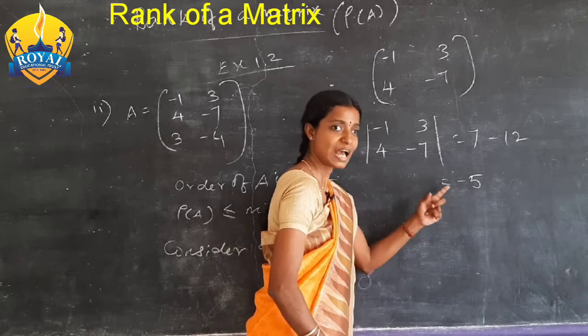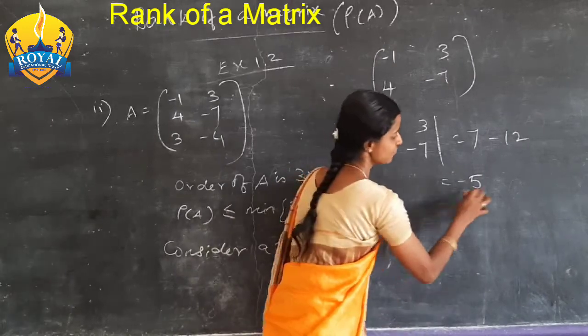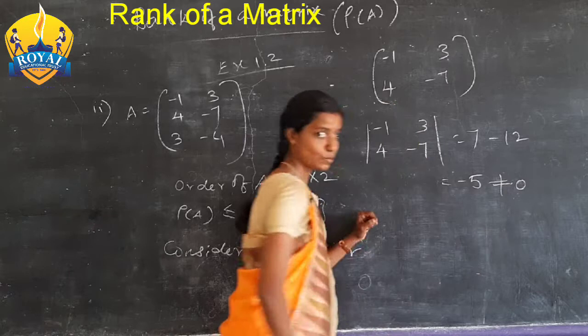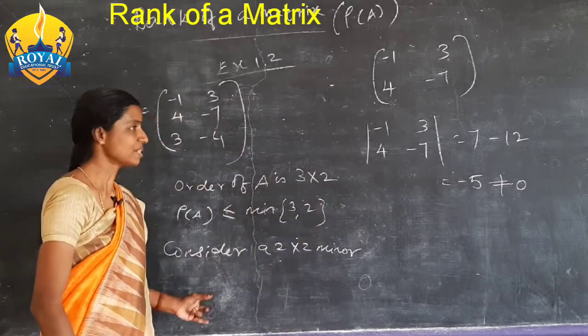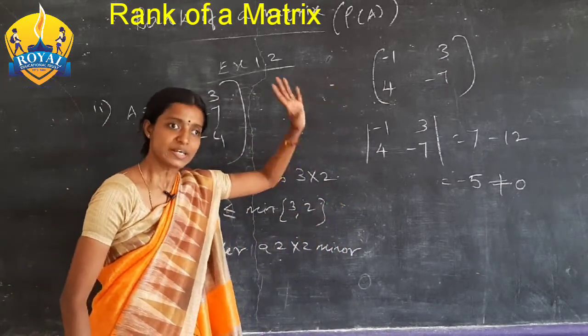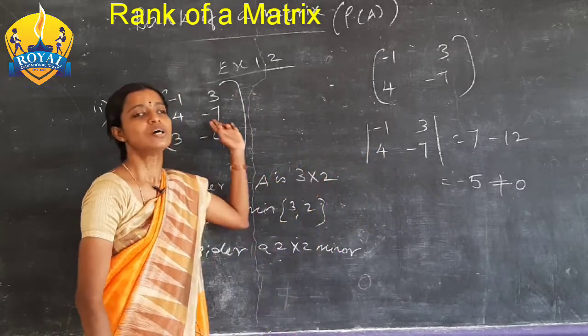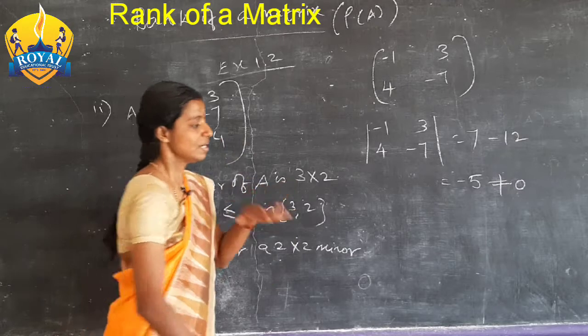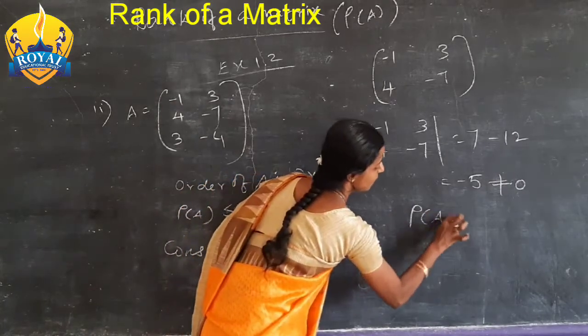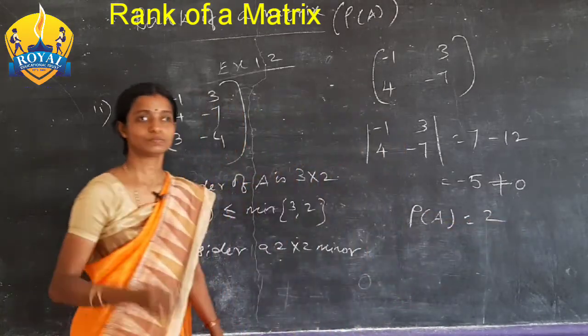So here I have a non-zero value, minus 5, which is not equal to 0. Since my first 2 cross 2 minor is itself non-zero, let me not bother about the remaining 2 cross 2 minors. Directly I can say my rank of A is equal to 2.